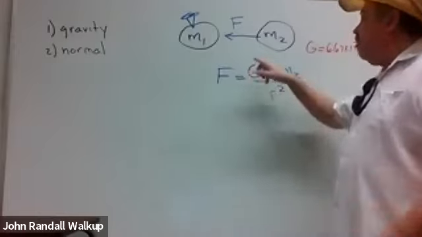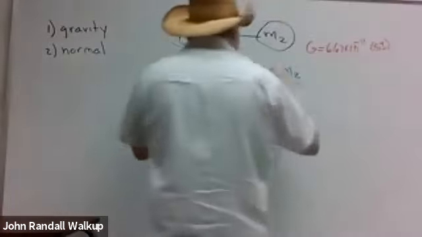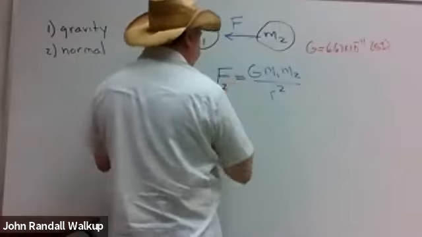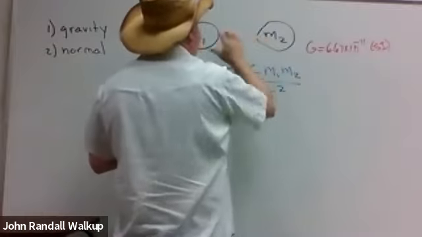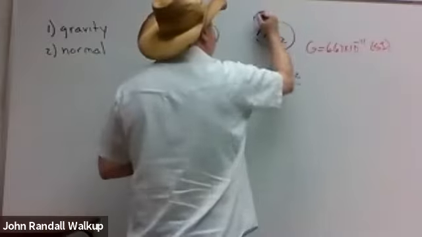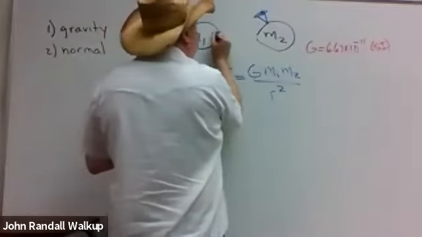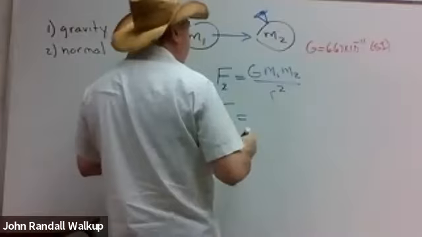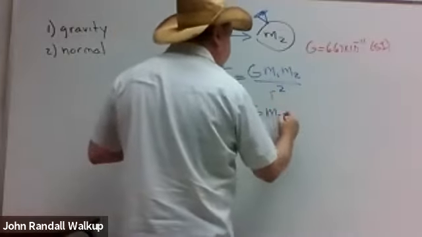By the way, what is the force on M1 due to M2? If this is the force on M2, then what is the force on this one due to this body? I'll pin this one down, and now I want to know what the force is on this one. Well, it's attractive, so it's pulling. We'll call this F1, and we'll put in here G, and in this case we have M2, M1.